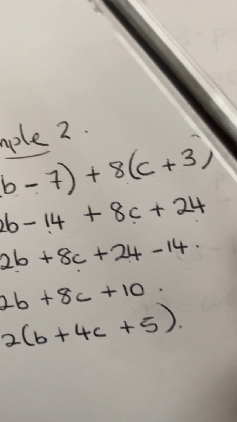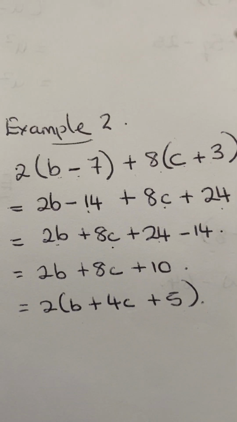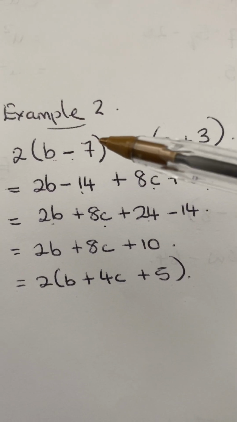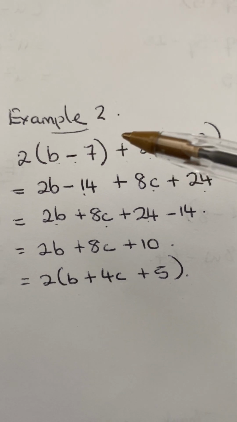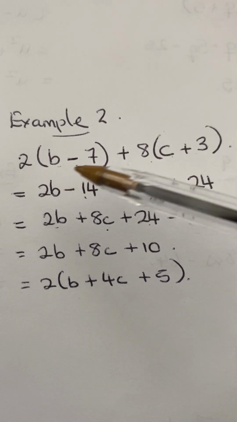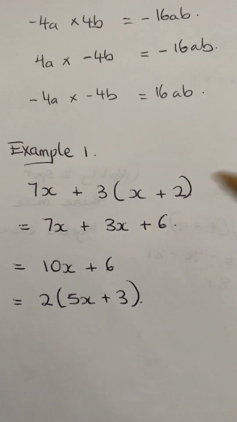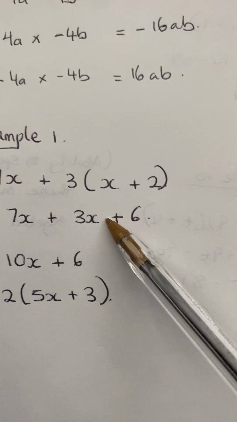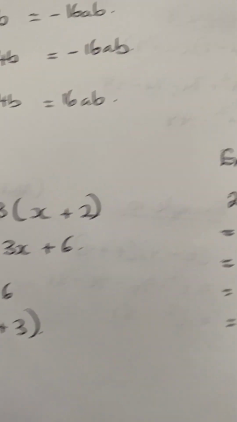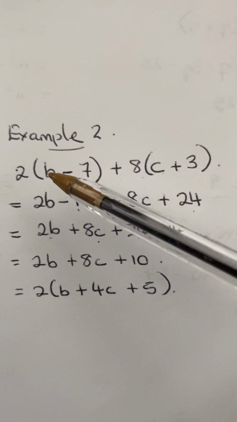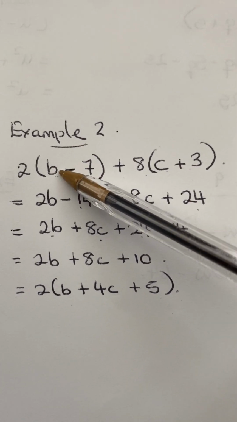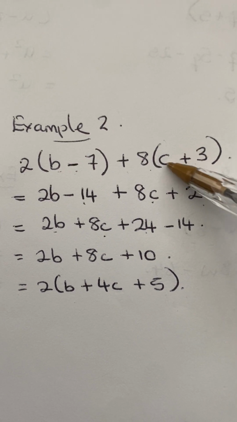Example 2. Here it's also an expand and simplify question, because you are expanding and then you simplify. In our first example, we had only one variable, x. In this example, we have b and we have c.